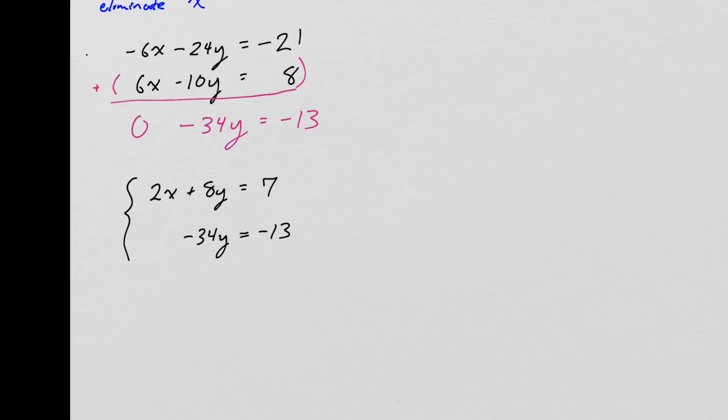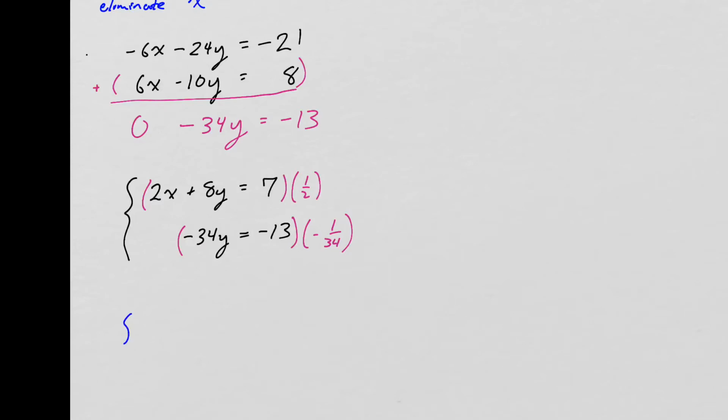I don't like the way they look because they have coefficients on the leading term that aren't 1. And so we're going to take this whole first line, multiply it by 1/2, and take this whole second line and multiply it by -1/34, which, okay, great. That's -1/34, no one's cup of tea, but it's going to work out just fine.